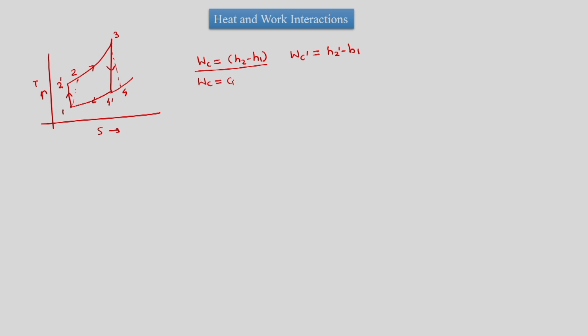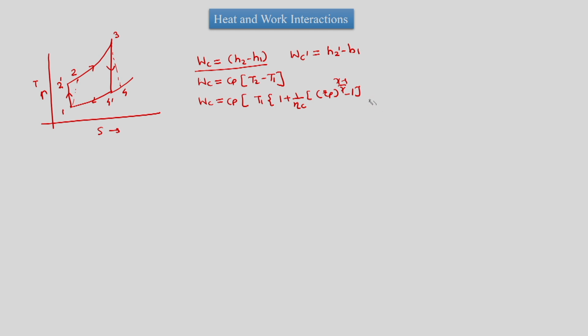Knowing the formulas, we can calculate Wc as Cp into T2 minus T1, and we know T2, for which we have derived the formula: T2 is T1 into 1 plus 1 upon compressor efficiency into Rp raised to gamma minus 1 upon gamma minus 1.